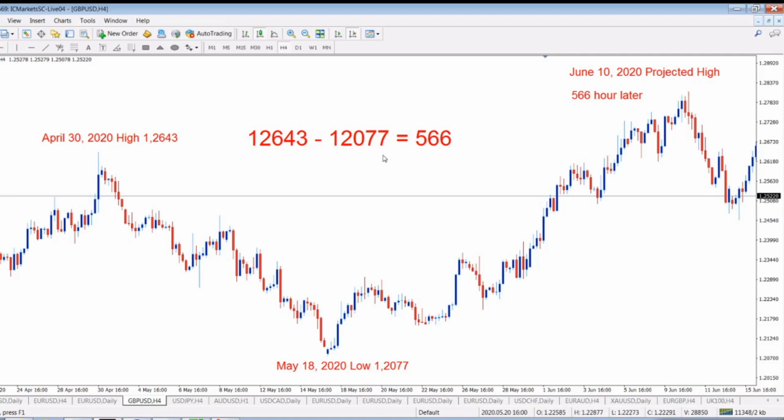If we move the decimals, we got 12,643 and we got 12,077. If you subtract the low from the high, the value of price, after moving the decimals, we get 566. What is important, after 566 hours, the market hit this high over here, so it's been projected based on the range between this high and this low.